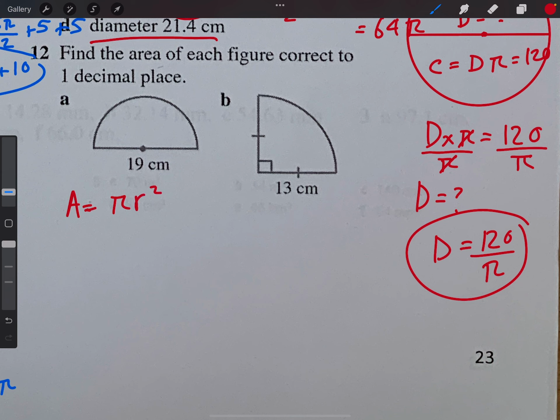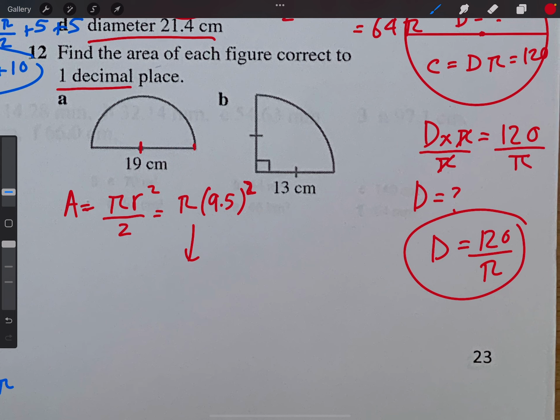This gives the area of the full circle, and to find the area of this semicircle, we divide by 2. So it'll be pi times, what's the radius? The radius is half of 19. So that'll be 9.5 squared. There you go, and use a calculator and get the answer correct to 1 decimal place.